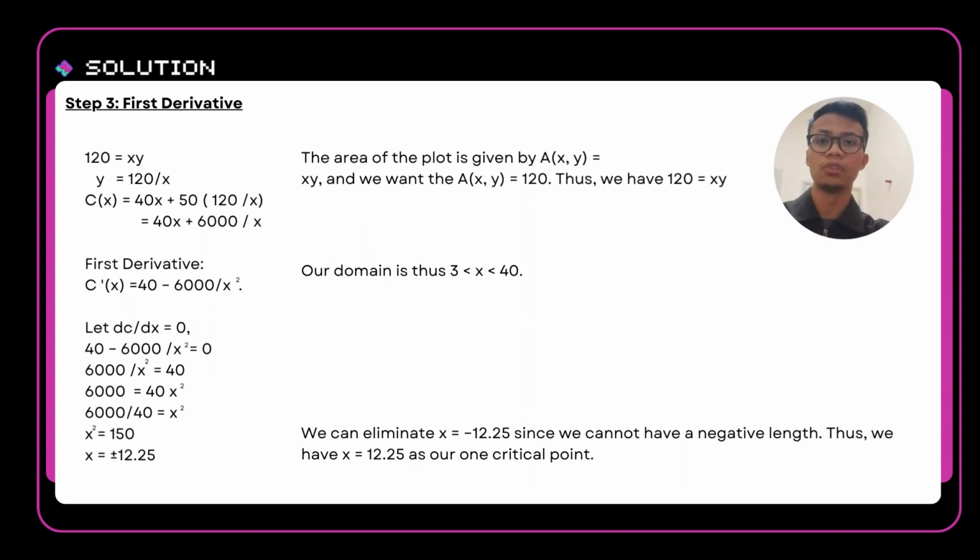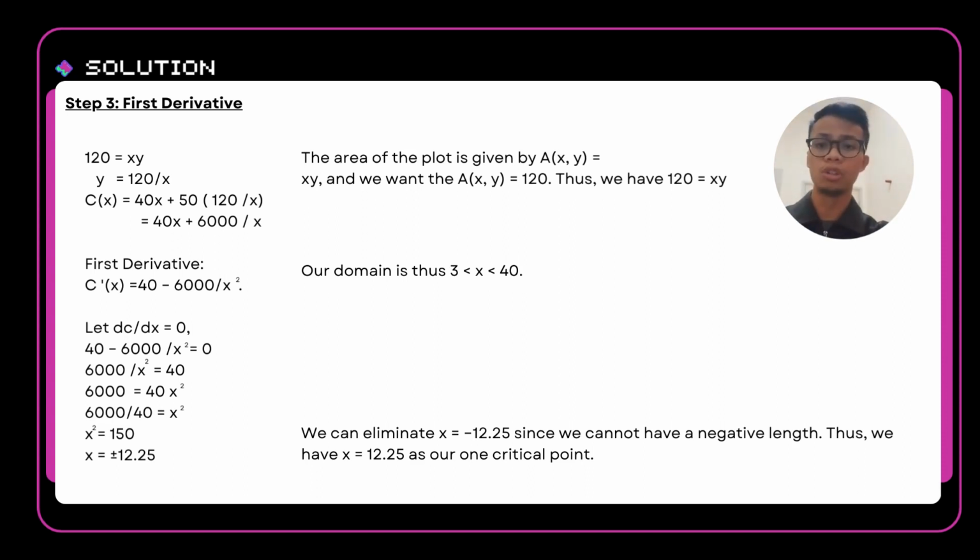So we will get 40x plus 50 times 120 over x. So the final function will be 40x plus 6000 over x, which is a very big number. Then we will perform the first derivative. Our first derivative will be 40 minus 6000 over x squared.